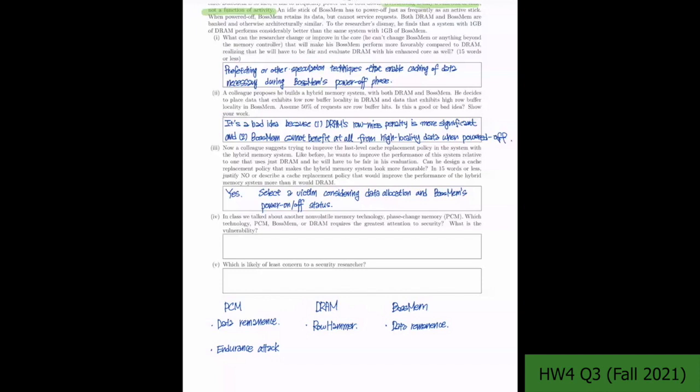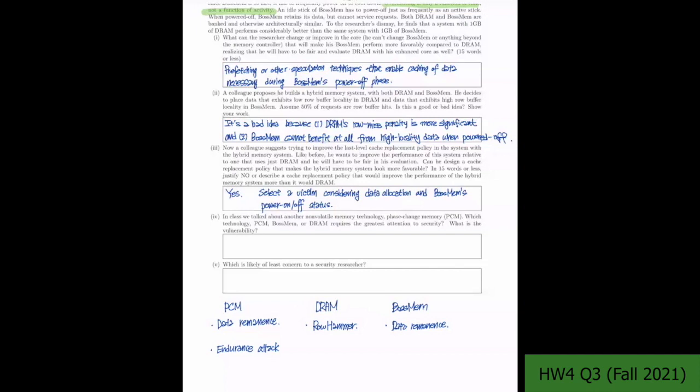But it is quite difficult to clearly say, for example, when you compare PCM and DRAM, that one is more vulnerable than the other, as they have different security vulnerabilities, and people can think differently about what the most serious security vulnerabilities are, right?